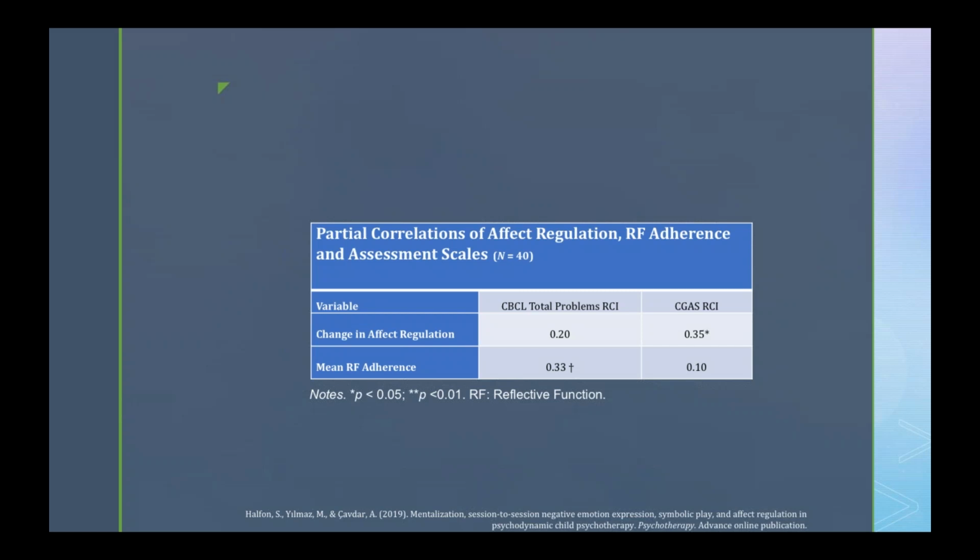RF adherence is one way of conceptualizing therapist sensitivity. One drawback is that play also happens in the nonverbal space. Child's behavior, especially for children below the age of 10, happens in nonverbal space.